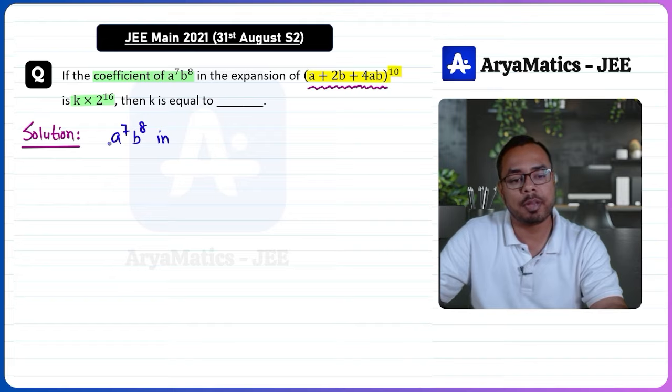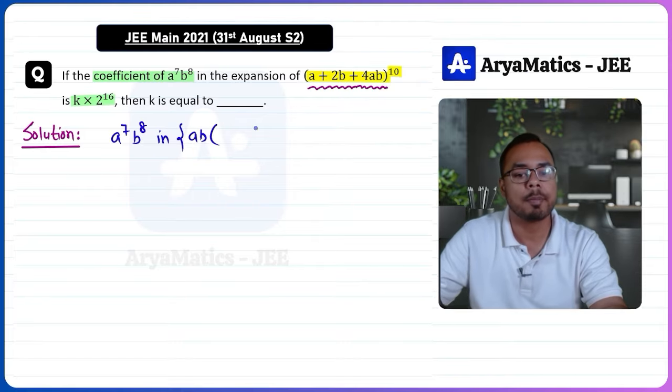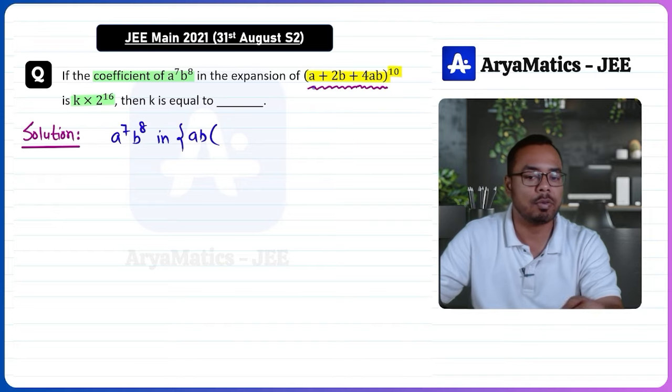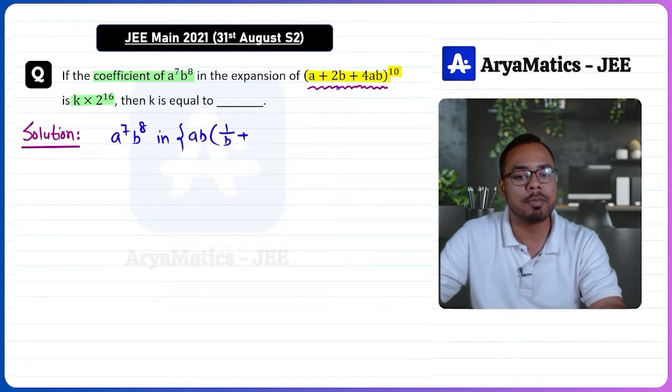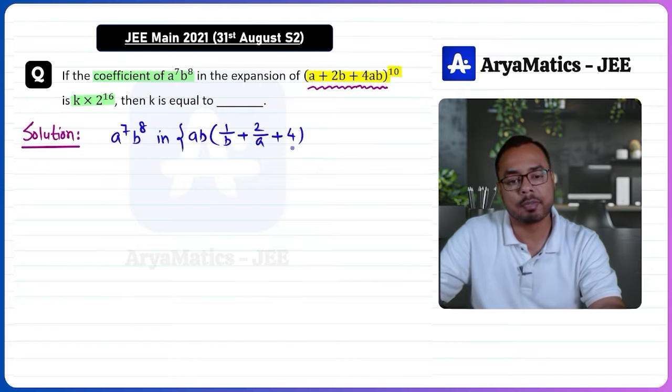If you take AB, we need the coefficient of a raised to 8, b raised to 7 in this one. Now just take AB common from here. If you take a common from AB, you will get 1 by b. Similarly, if you take a common from the second term, you will get 2 by a plus 4, and this is raised to 10.